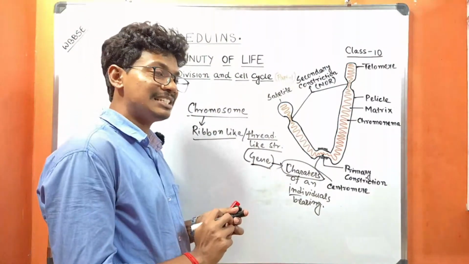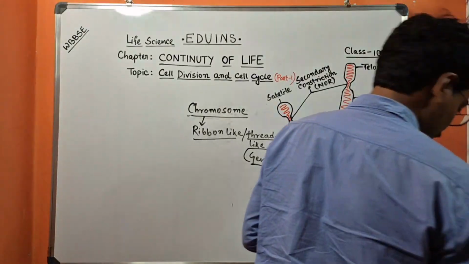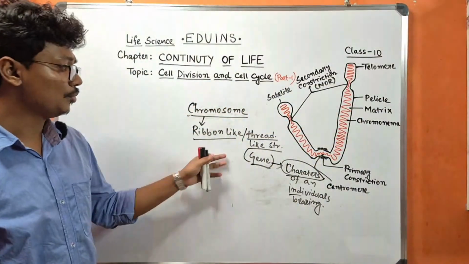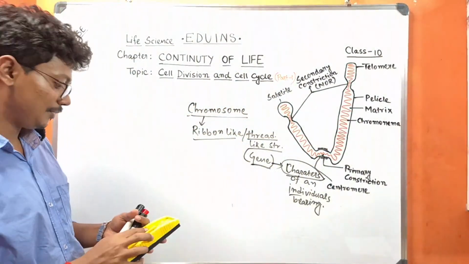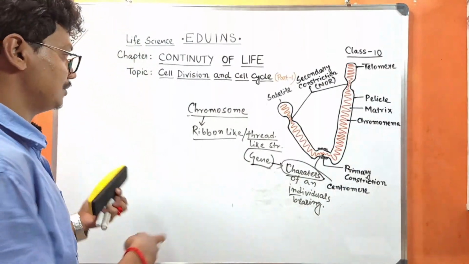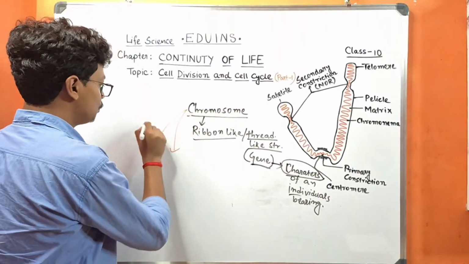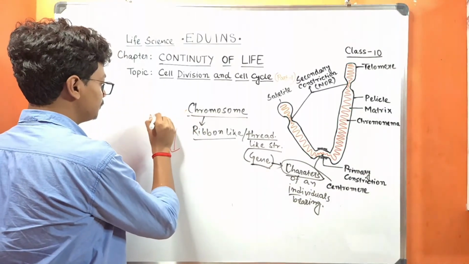So what is the structure of a chromosome and what is its morphology? In the human body, chromosomes are of two types according to their function.